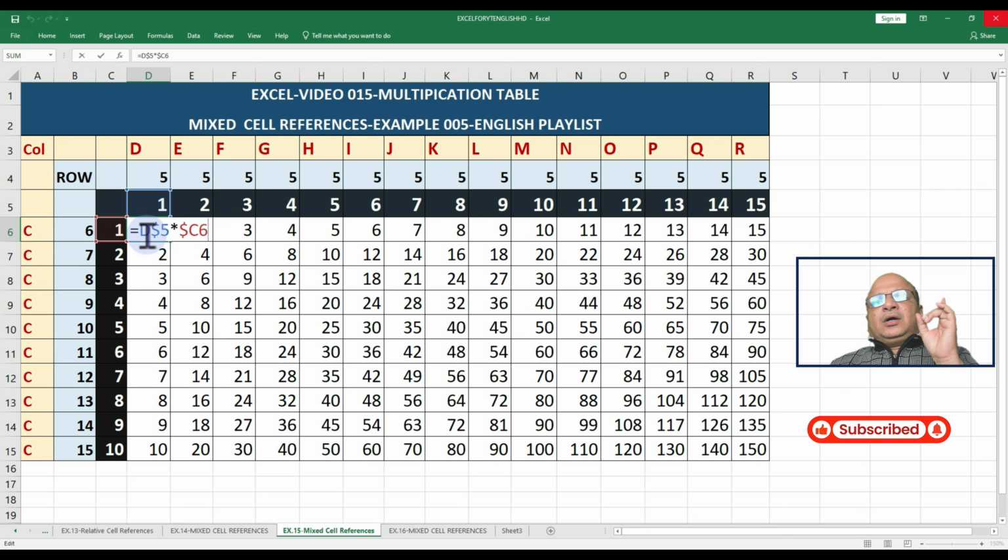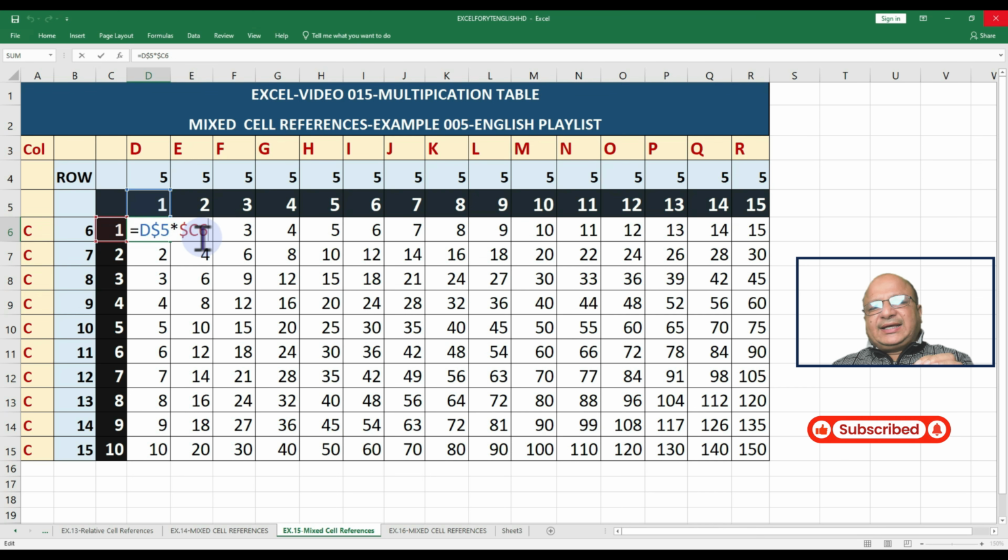That means the column reference is relative and the row reference is absolute. That means we have frozen the row reference 5. When copied in any direction, the row reference will remain the same, but the column reference will move relatively.